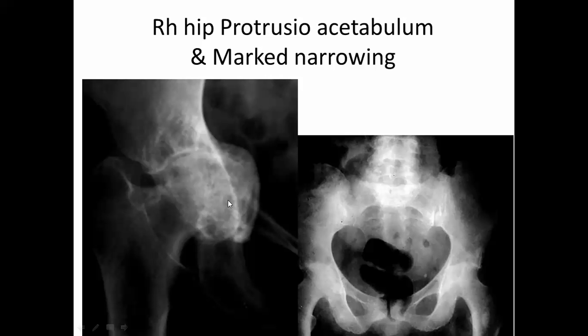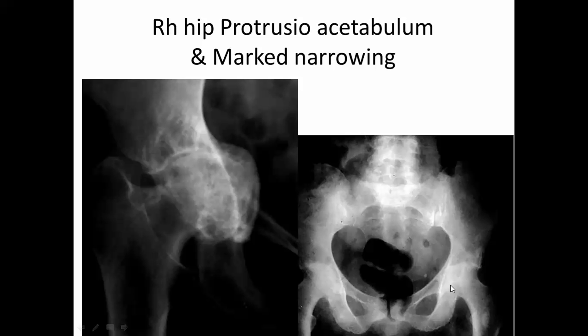So pressure points like this, acetabulum is liable to have what we call protrusio acetabuli, and of course you can find that the joint space is markedly narrowed. And here the joint spaces are markedly narrowed.